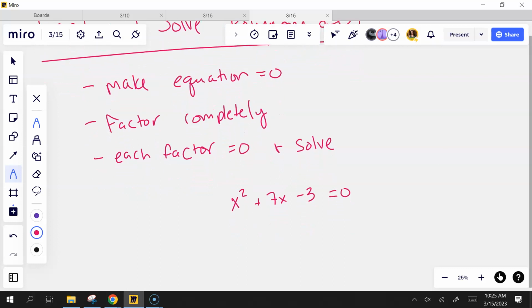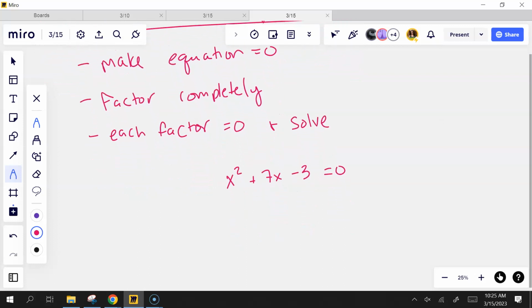How can you solve that because it's not factorable? It can't factor. Nothing multiplies to negative 3 but adds to 7. You're exactly right. It may be that I have to go back and do quadratic formula if I can't factor. So keep that in your brain.